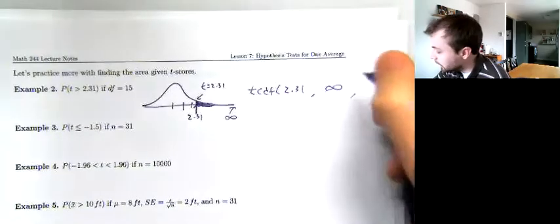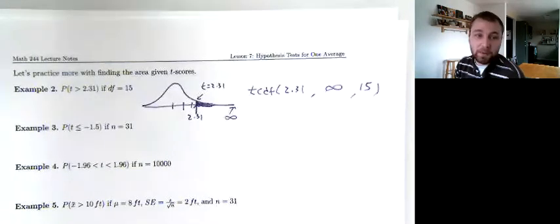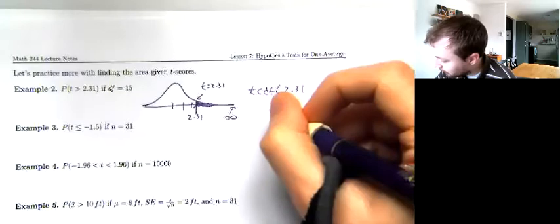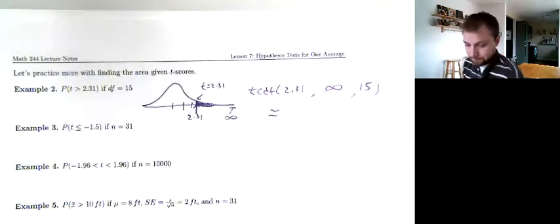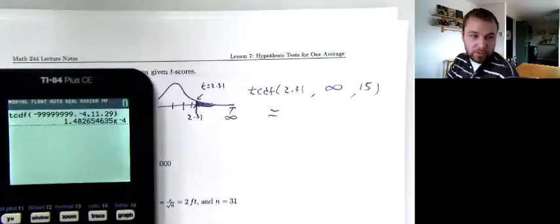This already gives me my degree of freedom. It's 15. If this gave me a sample size of 16 instead, reminder I can get the degree of freedom by subtracting 1. I'm going to type this into my calculator and I'll see what I get. I'm going to use my 89 because it shows up a little better.